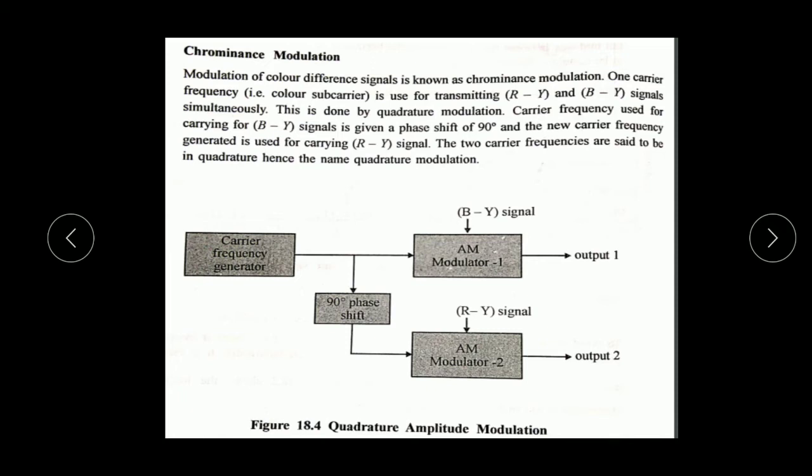These two carriers are in quadrature, hence the name quadrature modulation. It means that on a single carrier frequency we can send two signals simultaneously with 90 degree phase shifting, and both signals have the same bandwidth.